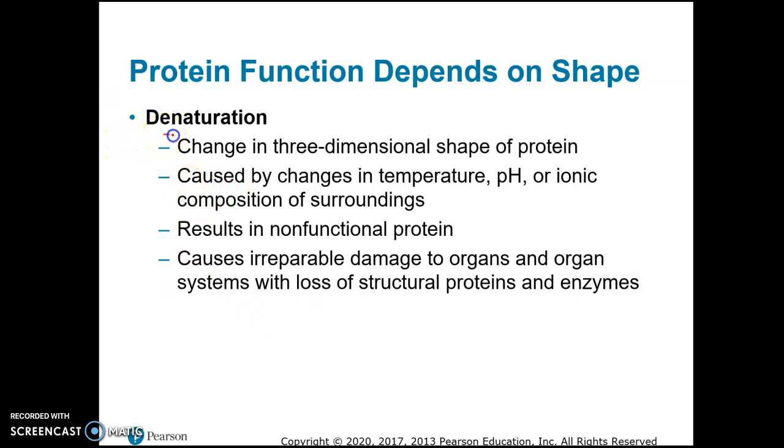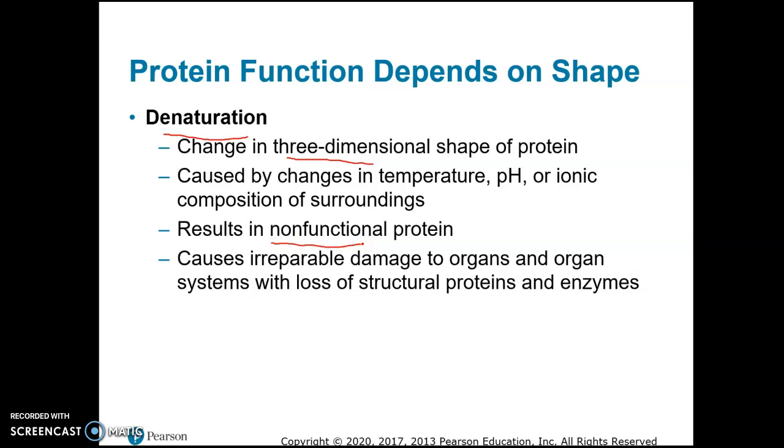It's the change in the 3-dimensional shape of the protein. So change in tertiary structure, which would also change the quaternary structure. But when that structure or shape changes, it can result in a non-functional protein. So this is another example of where structure determines function.